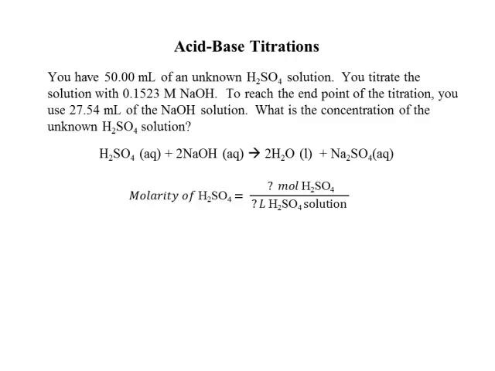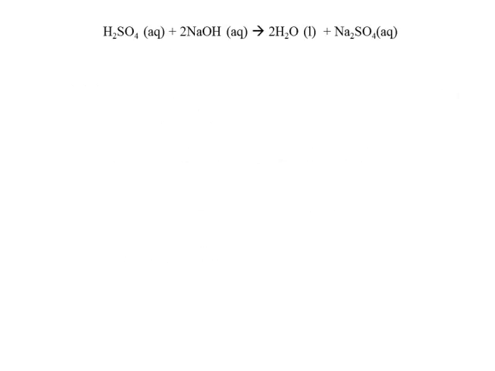Well, from the problem, do I know either one of those? Yeah, I do. I know that I started with 50 milliliters of solution, so I know my liters of H2SO4 solution is 0.05 liters. So all I need to figure out is how many moles of H2SO4 were present in that solution. That's going to come from that other information involving the NaOH.